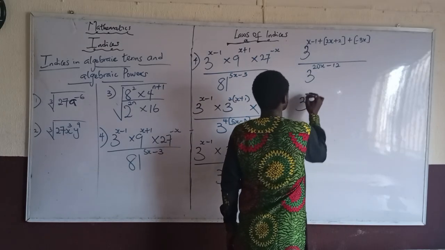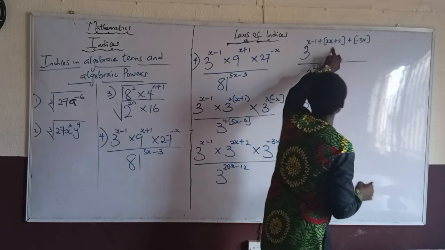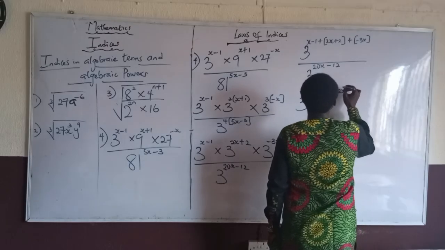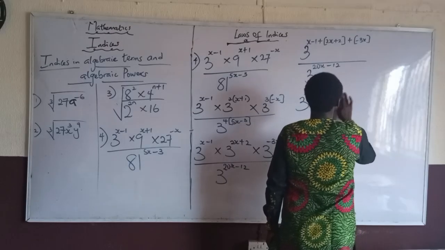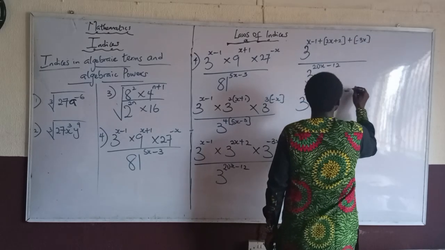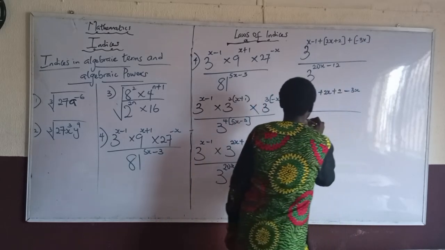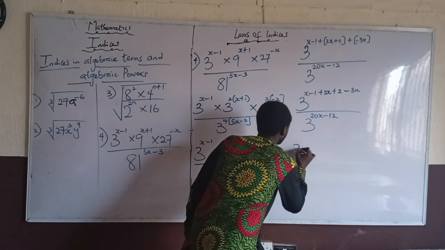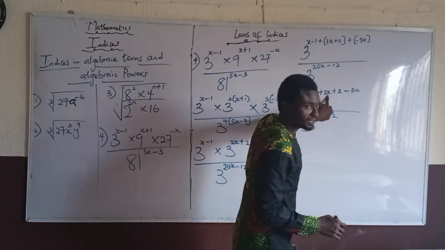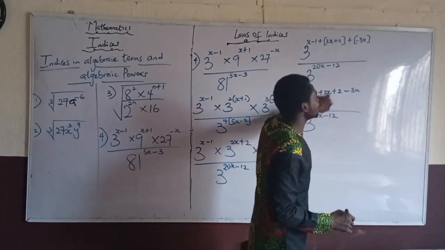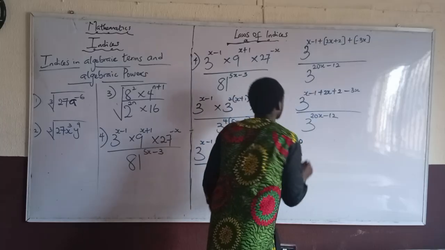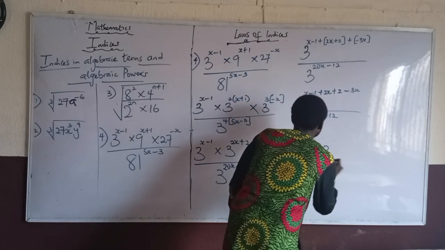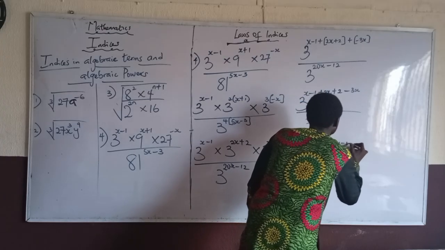So here is 3 raised by x minus 1 plus times plus, that is plus 2x, plus times plus, plus 2, then plus times minus, minus 3x, divided by 3 raised by 20x minus 12. So here is x plus 2x, 3x, 3x minus 3x is 0, minus 1 plus 2, 1, divided by 3 raised by 20x minus 12.